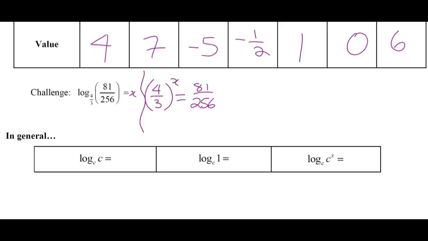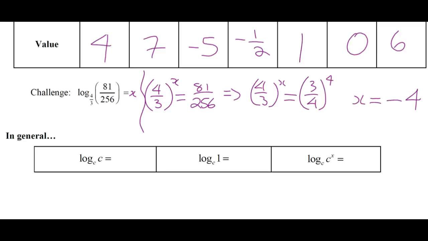Okay, wait a sec. So that means that I can write this as 4/3 to the x is equal to 3/4 to the power of 4. At which point you can either see the answer right now and say, aha! What's x? Negative 4, right?